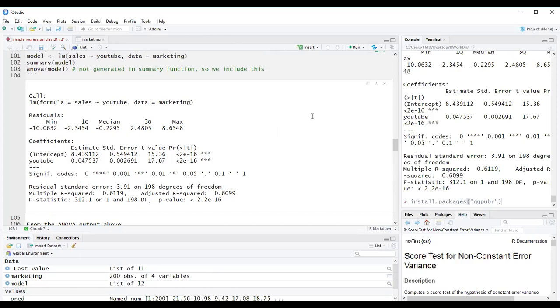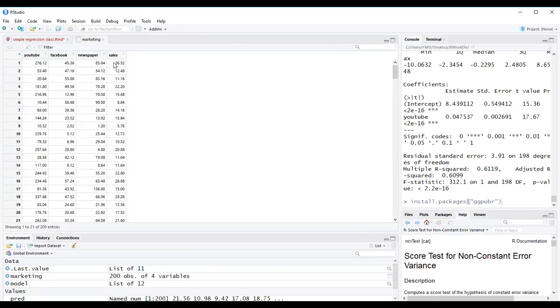Where do you get the error terms? Well, the error terms come from your actual values. So if I take a look at this, you have sales here. This is your actual value, and then you'll have a predicted value.